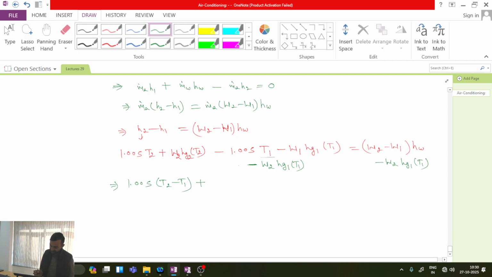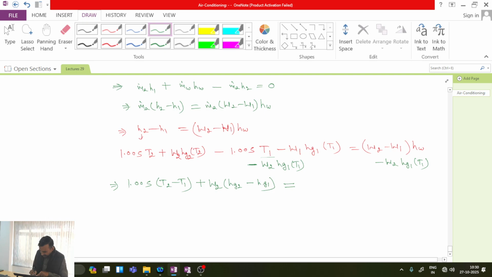I did it on both sides. So if I do this operation, what will happen? W2 will become common and inside I will get Hg2 minus Hg1. Clear?